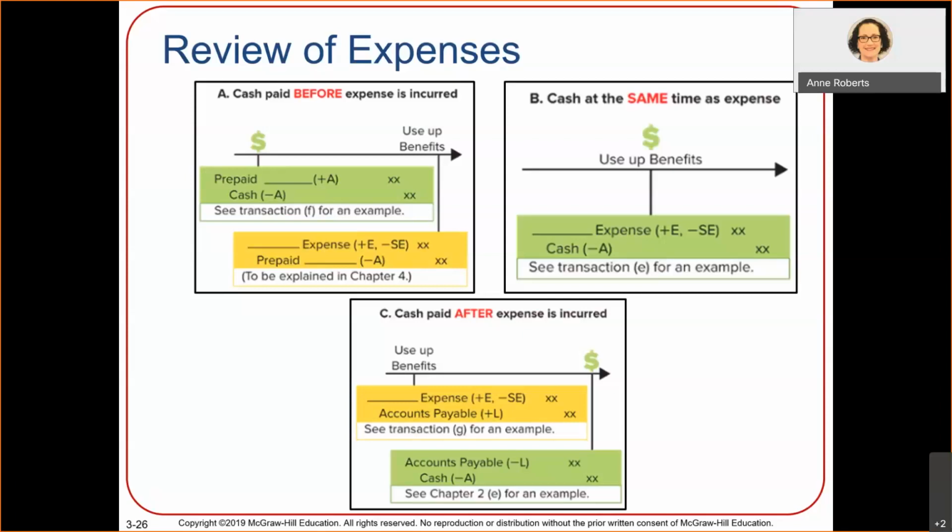You just have to understand that power goes to utilities expense. But things like advertising, rent, insurance, those kinds of things, I think will be pretty obvious as to what you need to charge it to. I'm trying to think if there's anything else that could be a little weird.